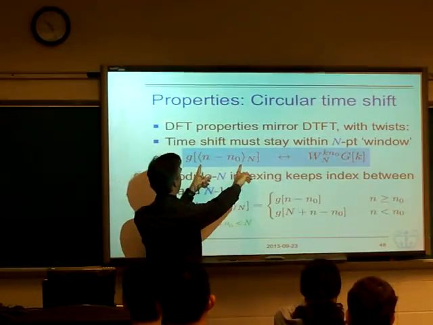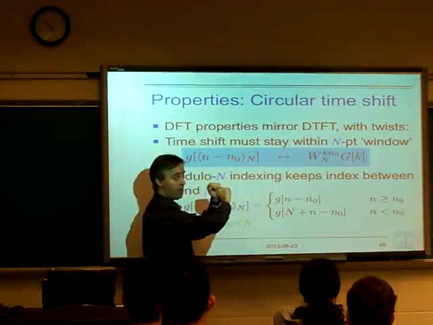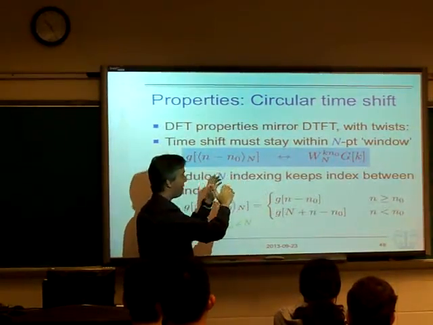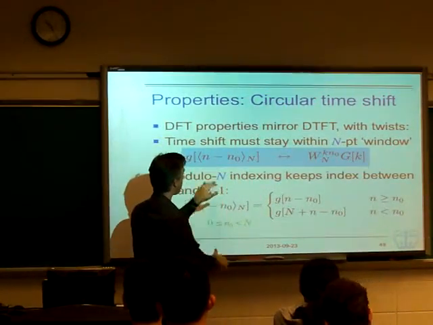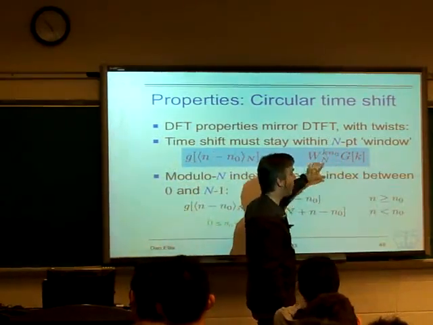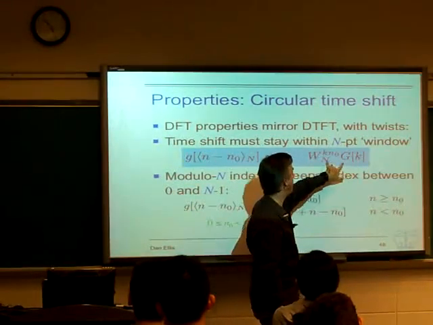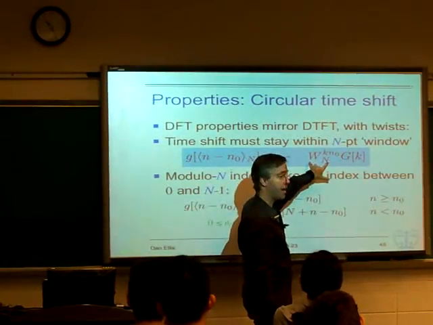So we can subtract any number we want off n, but after we've done that, we have to use the modulo indexing to move it back into the range 0 to big N minus 1. If we do that, then it does what we expect. This is the analog of what it did in the DTFT domain: we have the original spectrum, but each term is modified by a linear phase term.